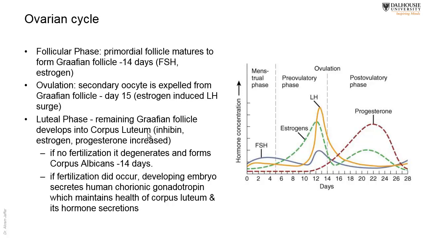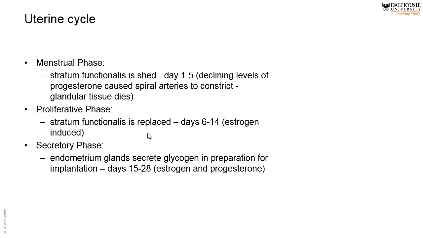The remaining Graafian follicle will form the corpus luteum, and if there is no fertilization, it degenerates, as I mentioned, and forms the corpus albicans. If fertilization takes place, then the developing embryo will form chorionic gonadotrophin, which maintains the health of the corpus luteum. In the cycle, we have the menstrual phase, proliferative phase, and secretory phase.